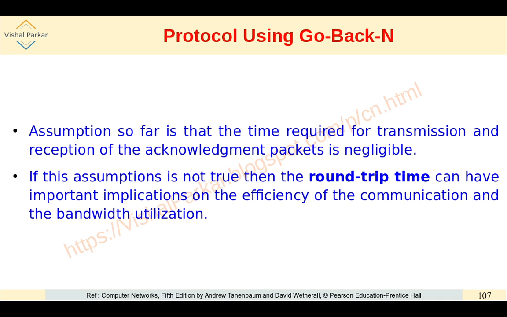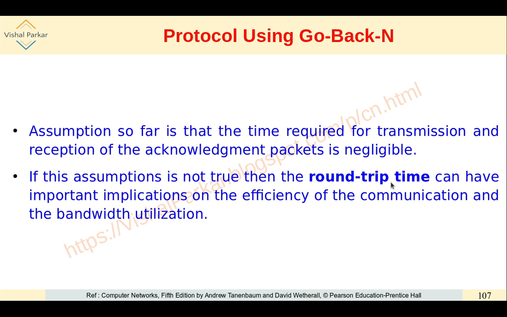Now, that is not practically possible because there can be lengthy routes. A and B can be far apart, and the acknowledgements, however small they can be, may take some time, and that's why these assumptions will most of the times not be true.